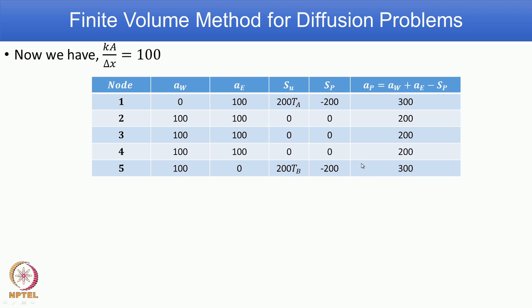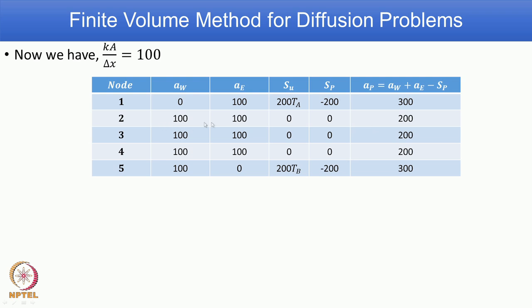While writing the discretized equation, we also observed that the point of interest coefficient, that is A P, is a summation of the neighboring nodes' coefficients. So, in this case A P is equal to A W plus A E and then the source term. Of course, in this case the source term is not there, it is 0, and we get here this A E plus A W evaluated as shown here, right.